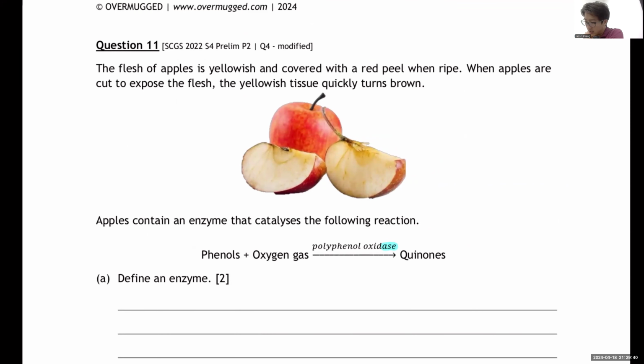So look at this. Yellowish tissue turns brown. The quinones are the ones that make it brown, but I don't need to know that right now. I have made this question in a way that you don't even need to use any of the words in the equation. It's just put there.